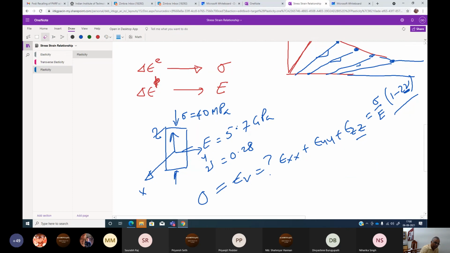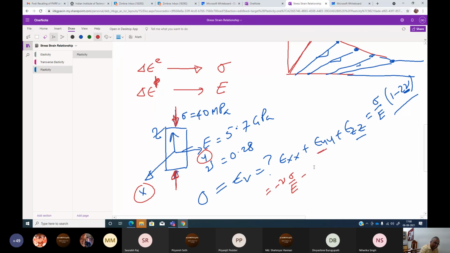See, let me write the formula. This X and Y are my free surfaces, in two directions. So this will be mu by sigma by E. Sigma is only applied in one direction. Remember that here. It's only one direction we have applied.